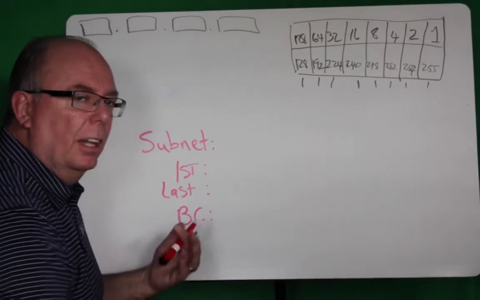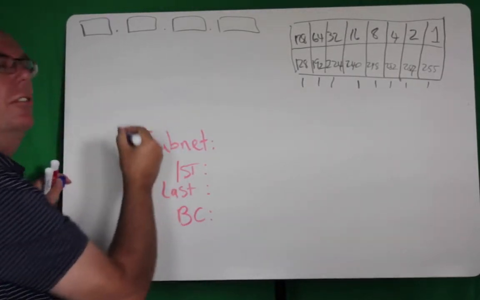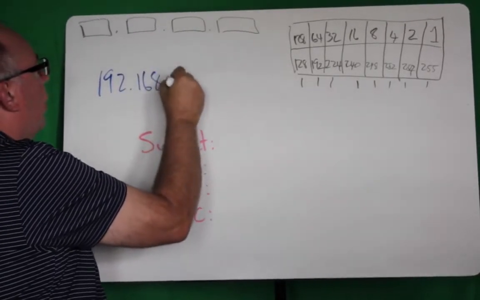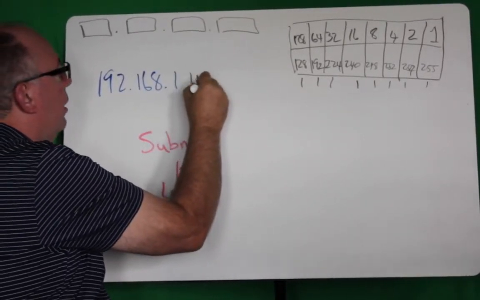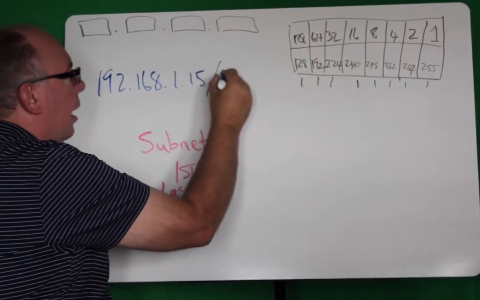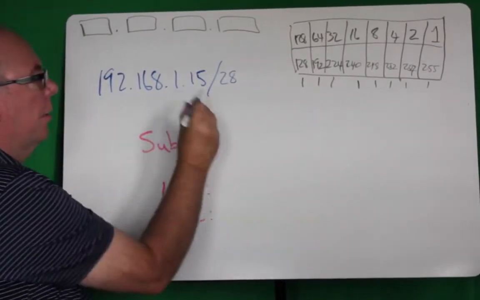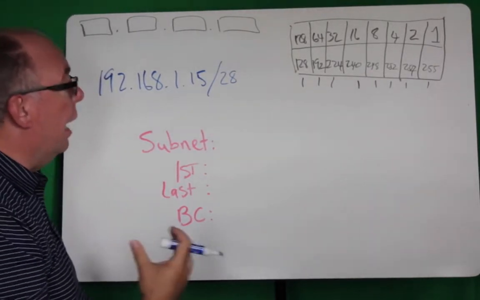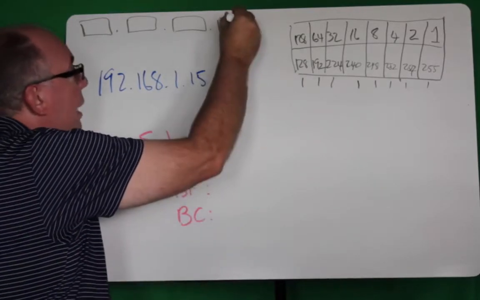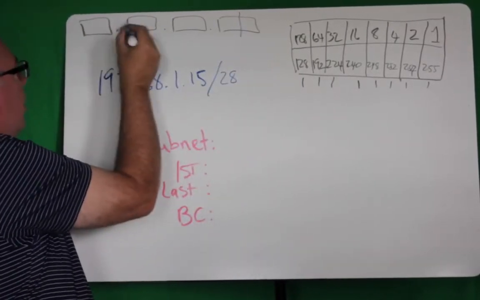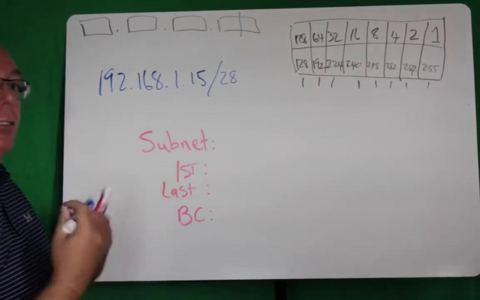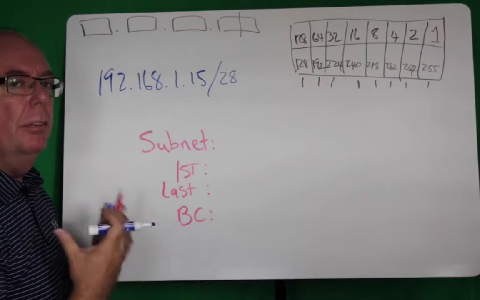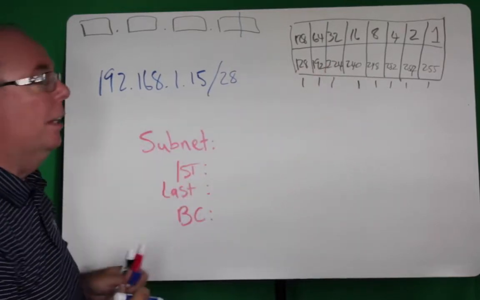So if we think about this, let's just make a subnet, and we'll use a simple one. 192.168.1.15, and we will say /28. Now the /28 means that we have a bit mask, and the bit mask is all the way out to the 28th bit out here. So it's all ones throughout the first 3 fields, finished with some number. And we don't exactly know what that is, and that's where our tool comes in to help us.